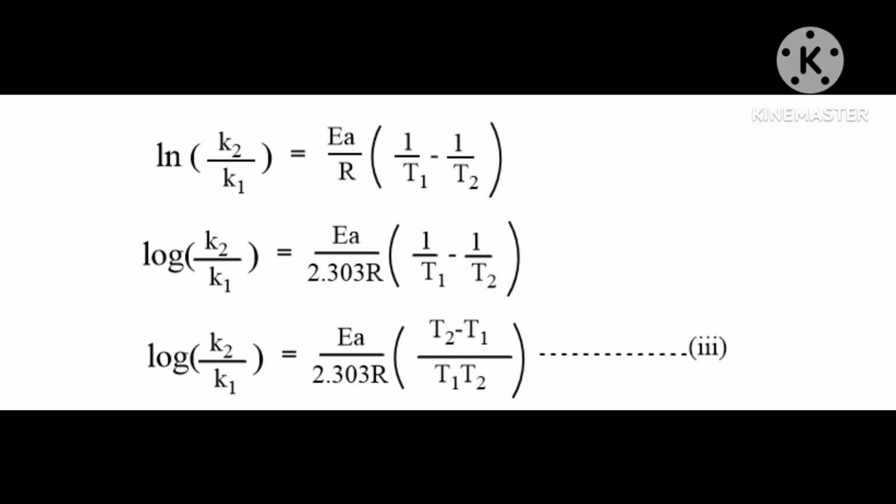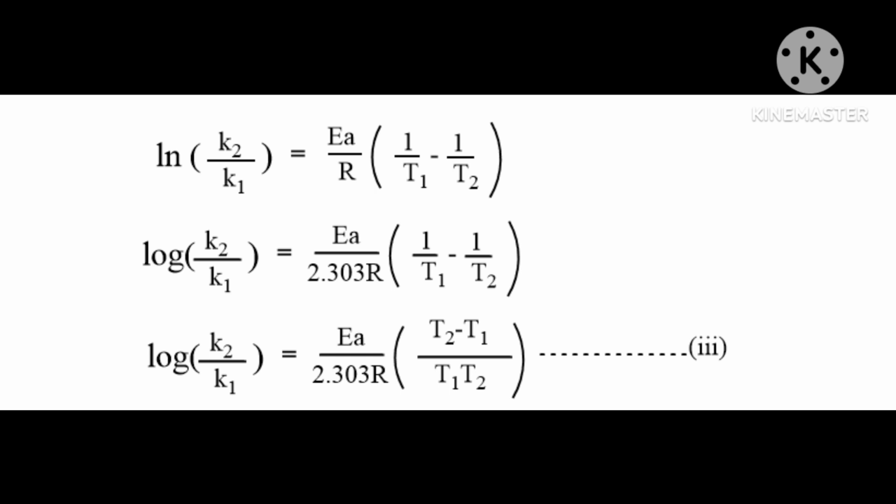And again, if you want to simplify 1 upon T1 minus 1 upon T2, you can take the LCM, and through simplification you will finally get log K2 upon K1 equal to EA divided by 2.303 R in bracket T2 minus T1 divided by T1 into T2. T1 T2 goes down as the LCM, and then T2 minus T1 comes.